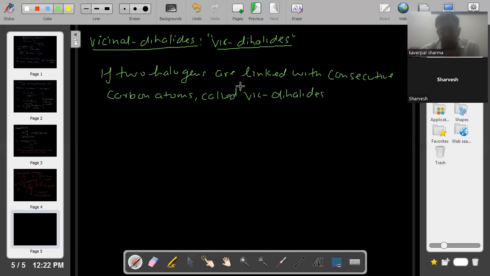If two halogens are linked with consecutive carbon atoms, they are called vicinal dihalides.